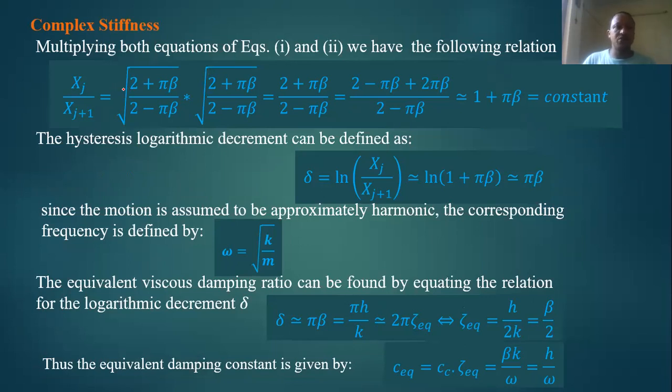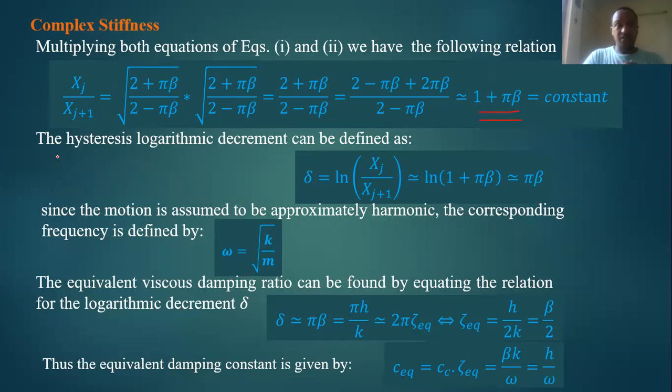By multiplying the two, we finally get 1 plus pi beta. This is constant because beta is a constant, dimensionless, and pi is a constant.